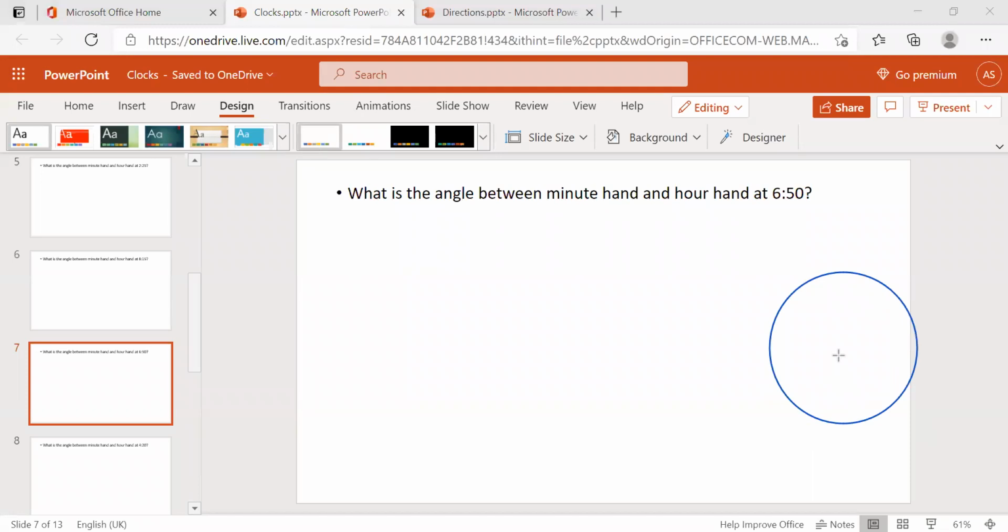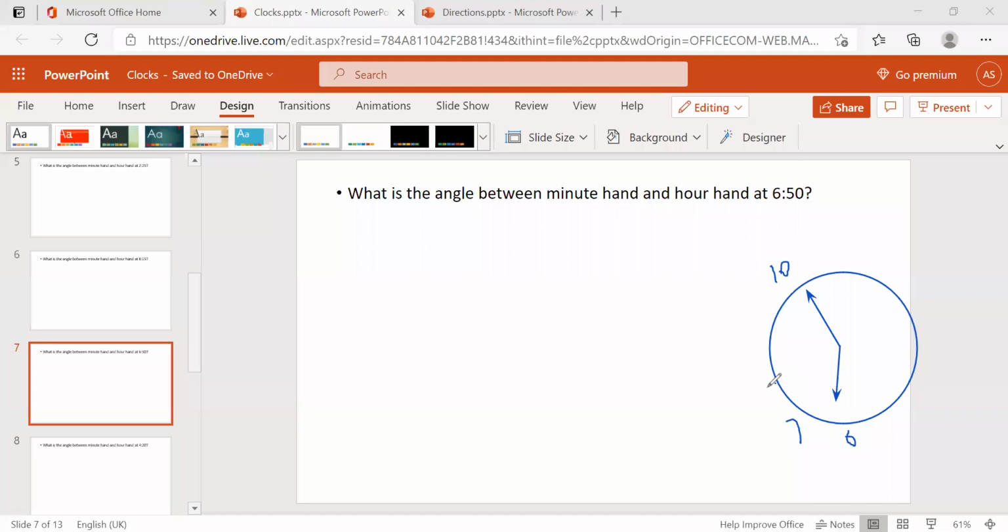Here the hour hand will be not exactly on 6, and the minute hand will be exactly on 10. The minute hand is always exactly on the minute mark. 10 is this, and this is 6.